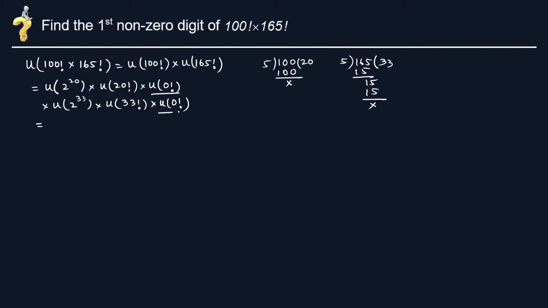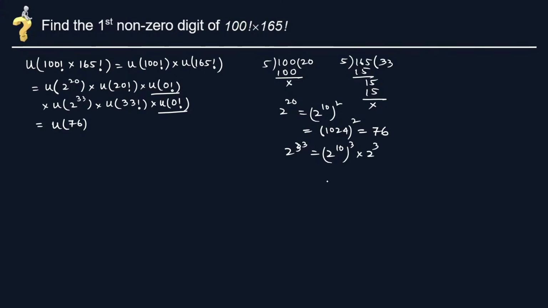Factorial 0 is 1, so it will go off. 2 to the power 20 can be written as 2 to the power 10 whole square. 2 to the power 10 is 1024, and when the power is even, the last two digits are 76. 2 to the power 33 can be written as 2 to the power 10 whole cube into 2 cube.